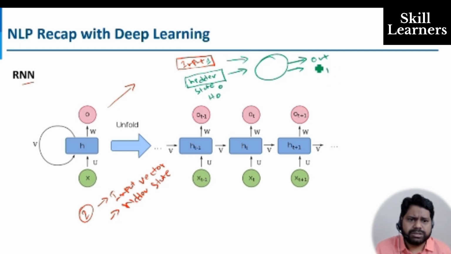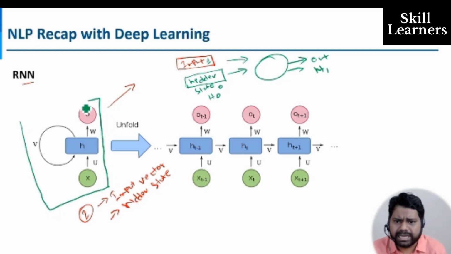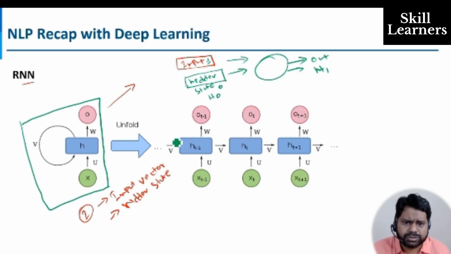So this continues. In this example, this is nothing but a breakdown of how this works. It is shown here if we unfold it. It starts with the hidden state h(t-1) at time t-1.